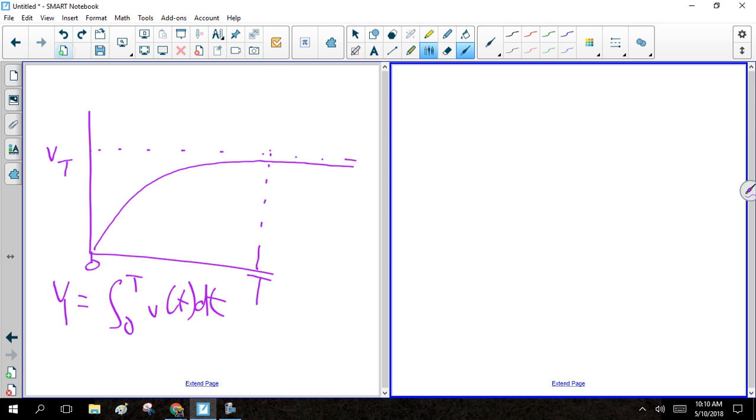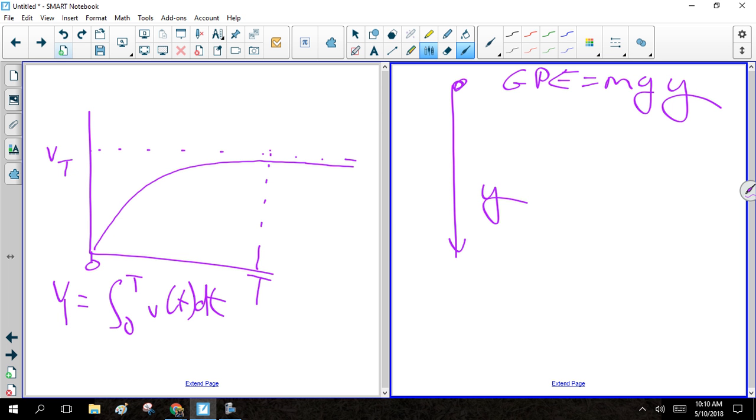So the idea is, if it has fallen a distance y, that means that at the top of this, all of my energy is GPE, right? And at the bottom of that distance, all of my energy is KE. And since I've fallen a distance greater than capital Y, I've reached my terminal velocity.